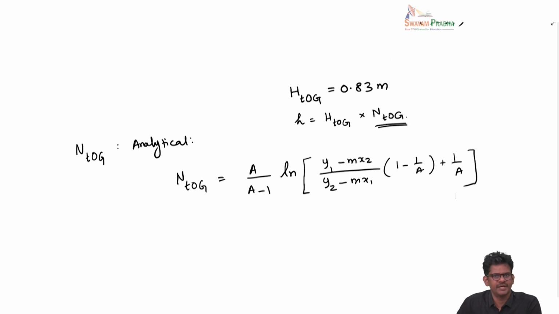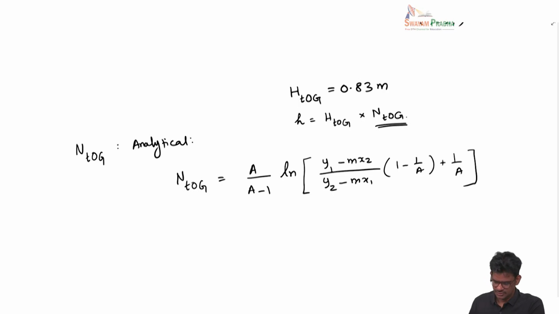Can you please check if I have calculated the absorption factor A before? A we obtained, right, because we used it for calculating HTOG. So A value is 1.306. Sorry, this should also be mx2. Y1 minus mx2 by y2 minus mx2. In this problem, x2 is 0.